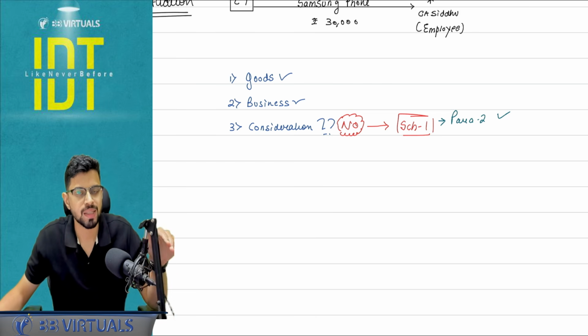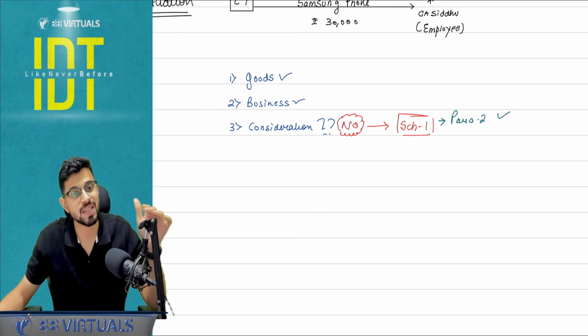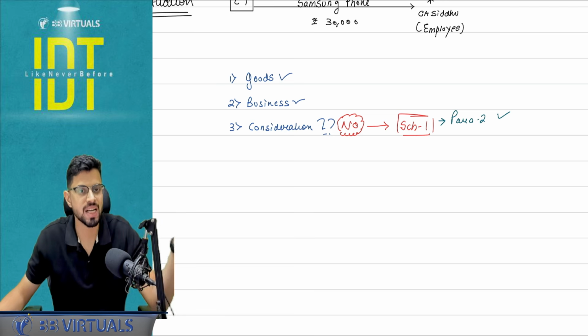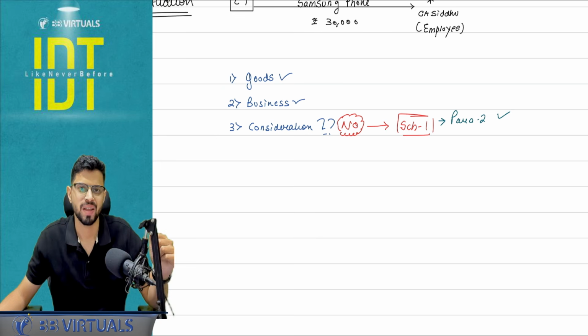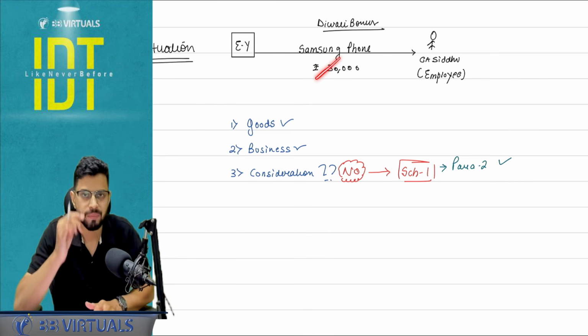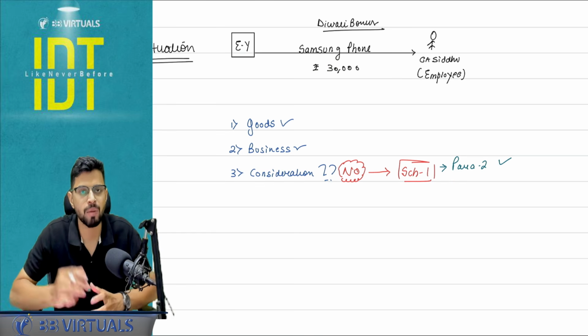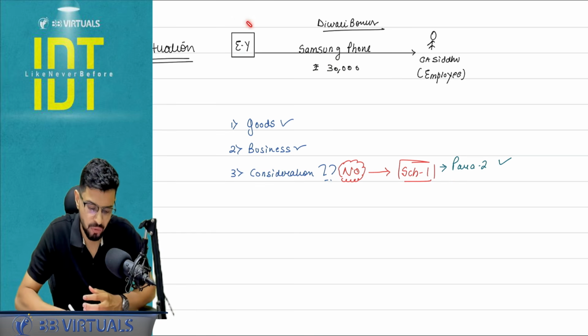But now comes the legal analysis along with the substantial part. We requested Nirmala Tai that in India, employers give a lot of gifts to employees. Every company gives gifts to its employees. If every form of gift is taxed under paragraph number 2, schedule number 1, it will create a problem for the company.